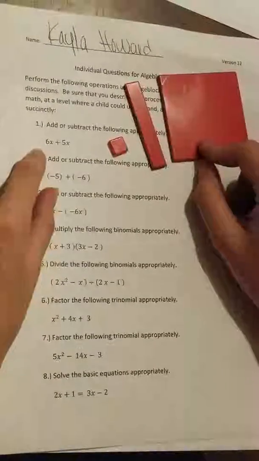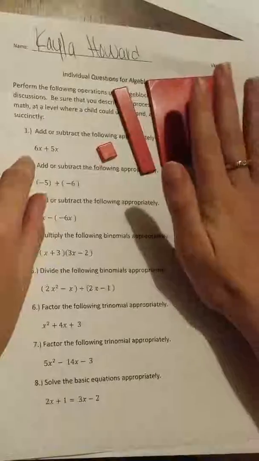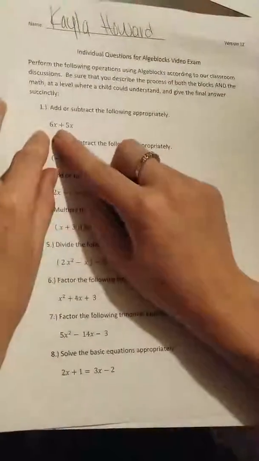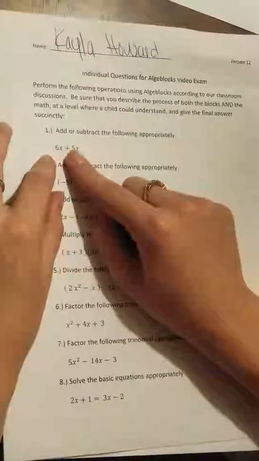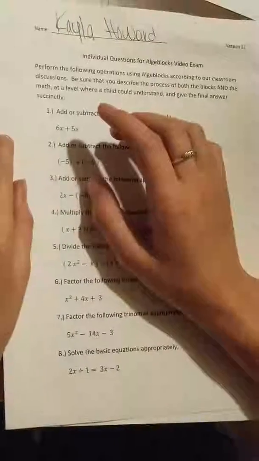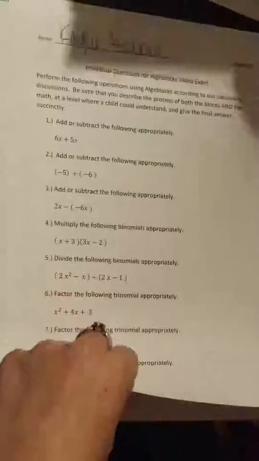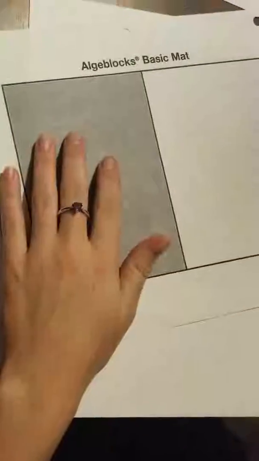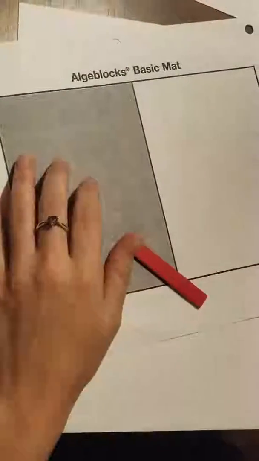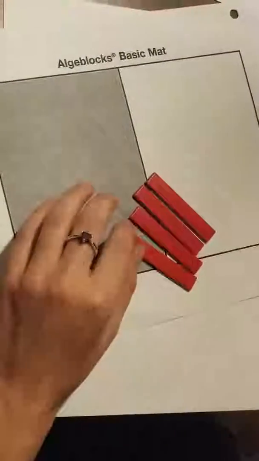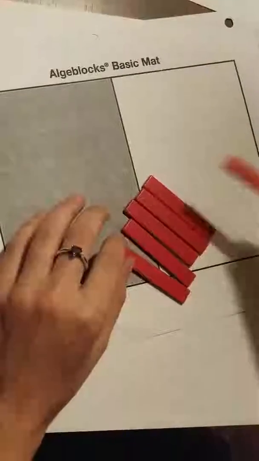Okay, so let's think about this. We are adding 6x plus 5x. Let's put this on the mat. Okay, so this is our mat. So we've got 6x: 1, 2, 3, 4, 5, and 6.